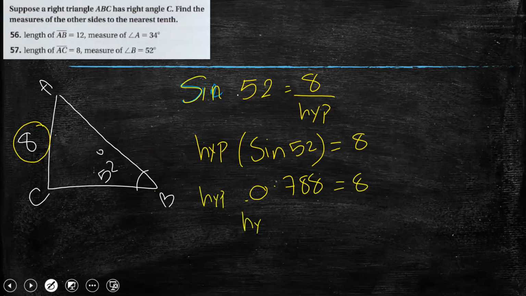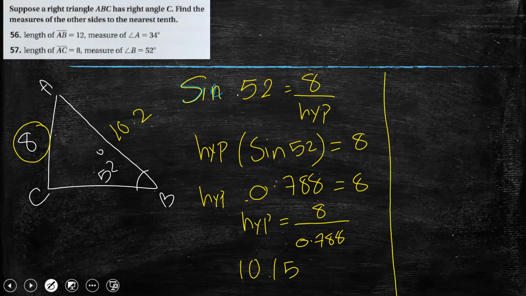So the hypotenuse will be 8 over 0.788, which is 10.15, or you can say 10.2. This will be the hypotenuse, so this is AB. Now I need to find BC.